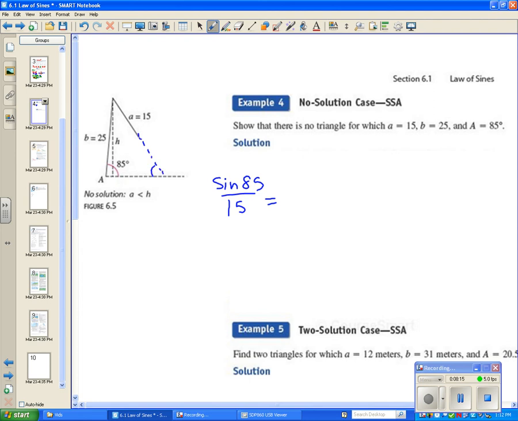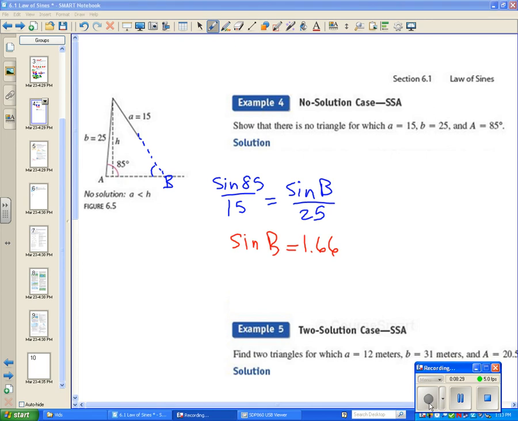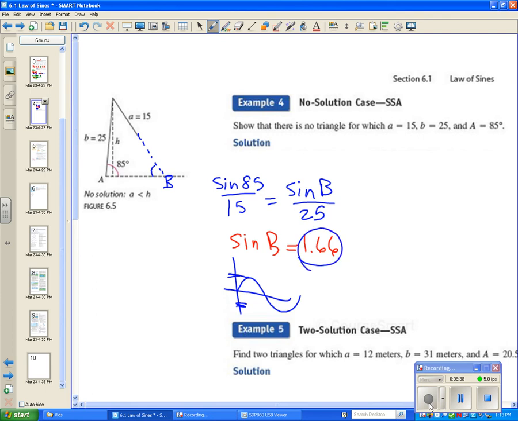If that is the case, then we can find the angle B right here, and that would be sine of B over 25. By doing a cross multiply, I let the sine B alone for a second. Remember that sine, when graphed, cannot go higher than positive 1 or lower than negative 1. Notice this is greater than 1, which means it's outside of the range of sine, which means this is not possible. This is one way you could show not possible.